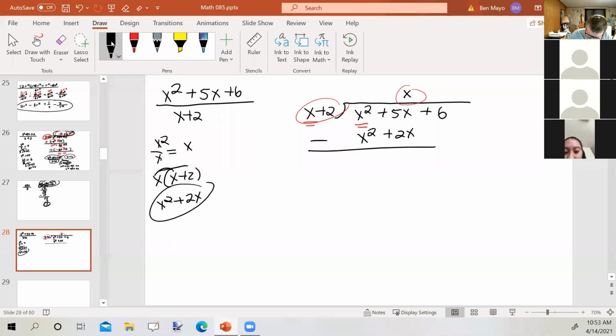I'm going to subtract it from what's up above, but I'm going to change it into addition of the opposite, right? Okay. x squared plus negative x squared is 0. 5x plus negative 2x is 3x. Bring down the next term.